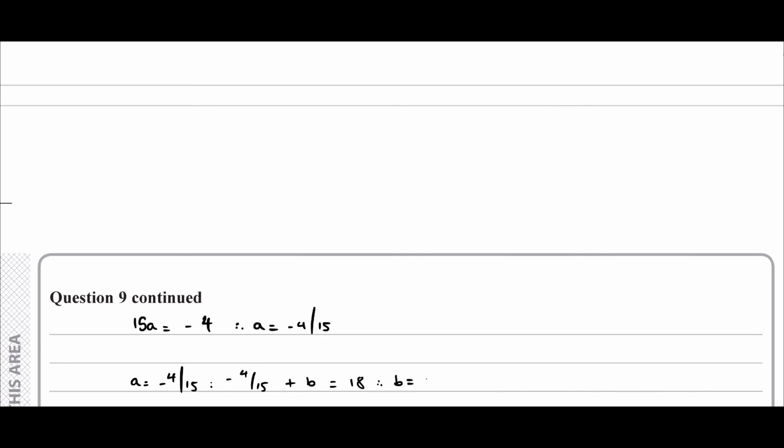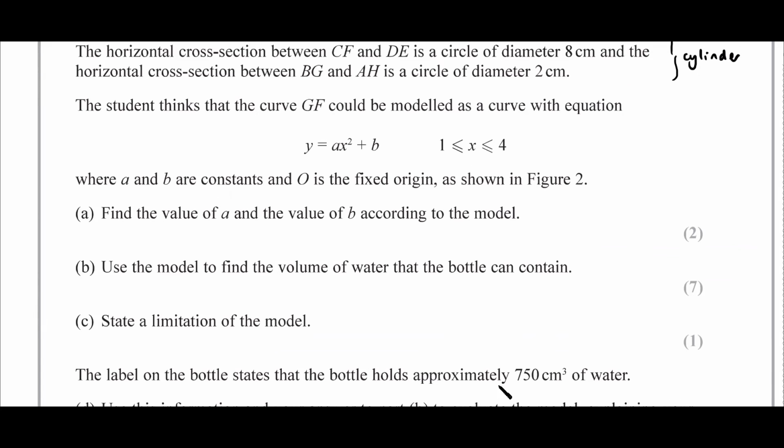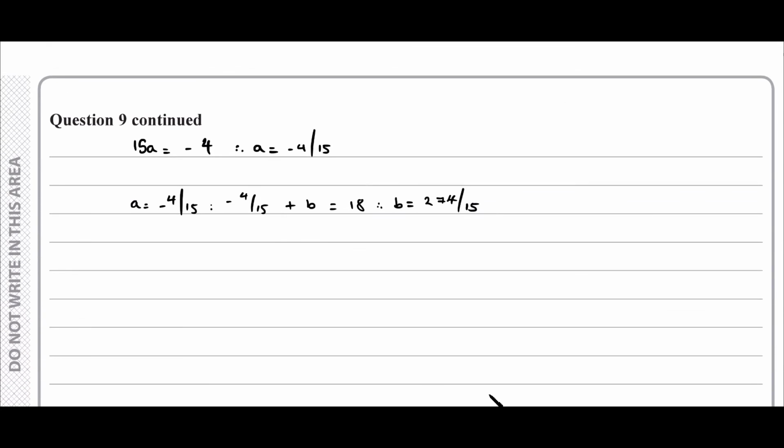For b, we get 274 over 15. So knowing the values of a and b, we can therefore conclude that y is equal to minus 4 over 15 x squared plus 274 over 15. We'll call this equation 3.